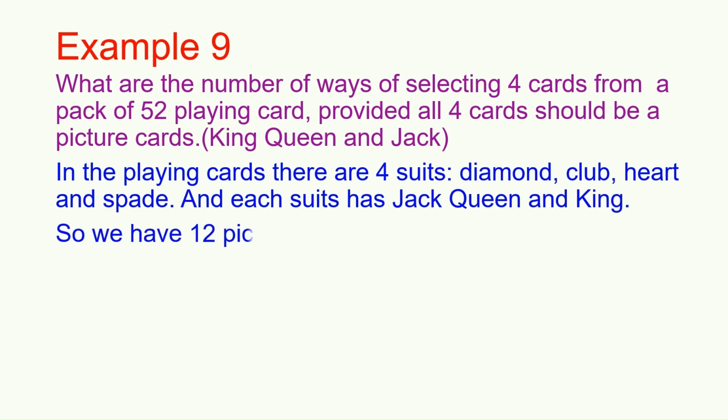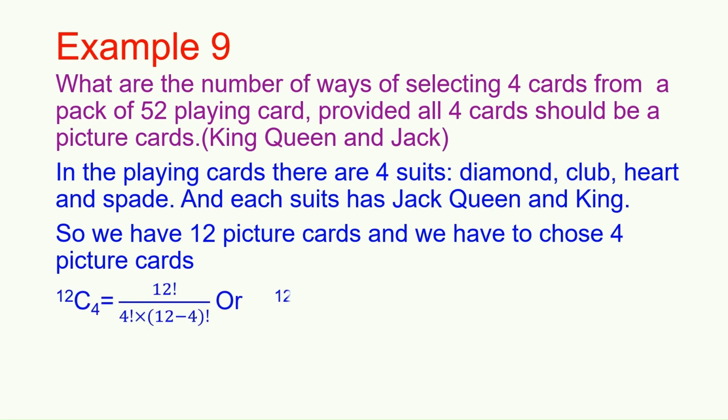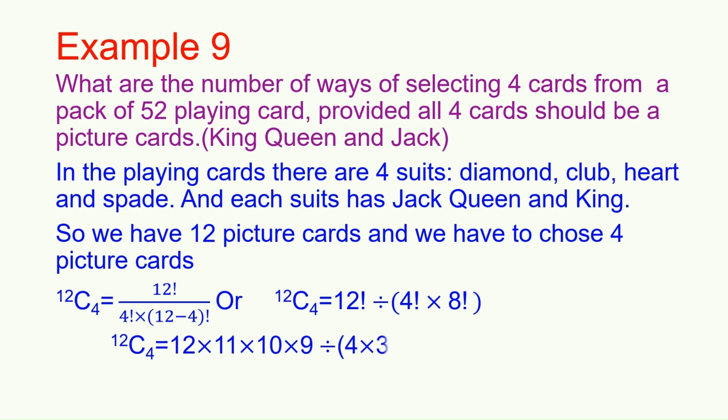So we have 12 picture cards and we have to choose 4 picture cards. 12C4 equals factorial 12 divided by factorial 4 times factorial 12 minus 4, which equals 12 times 11 times 10 times 9 divided by 4 times 3 times 2 times 1, which equals 11880 divided by 24, which is equal to 495.